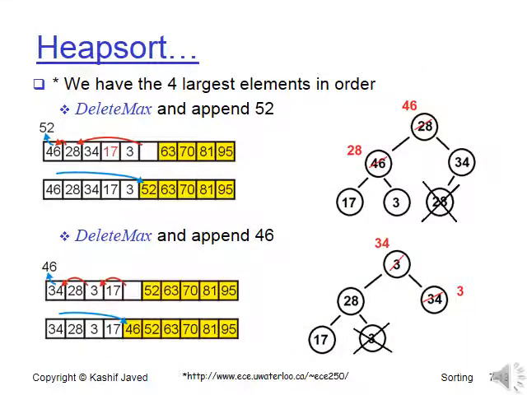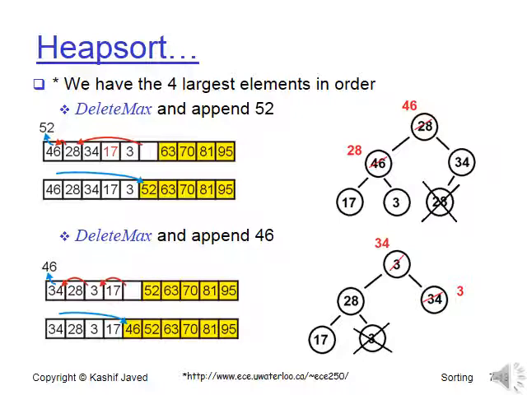We again repeat the process and delete max and append 52. Number 52 at the root node will be replaced by the last leaf node, which happens to be 28. We delete leaf node 28 and put 28 into the root node.